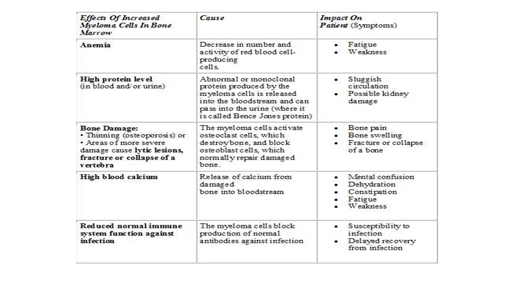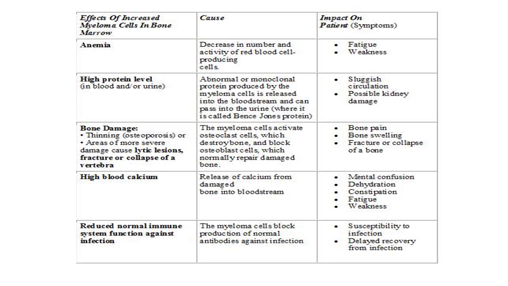Bone damage may also occur in multiple myeloma, and we talked about how the x-rays look almost like Swiss cheese, and that is due to the thinning and the areas of lesions and fractures and severe damage or osteoporosis in the patients. The multiple myeloma cells actually activate osteoclast cells, which destroy the bone, and they block osteoblast cells, which normally repair damaged bones.